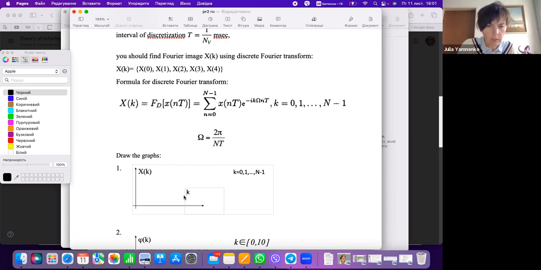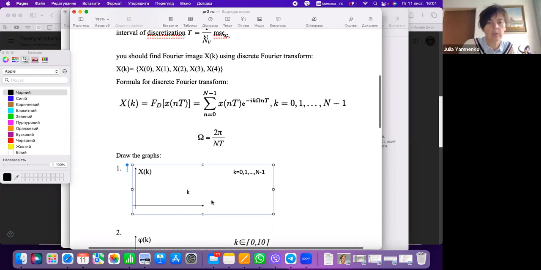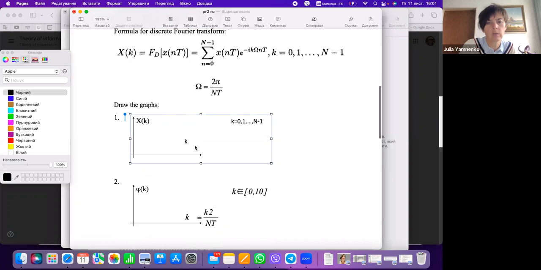So for one axis, you have components of your spectrum, and for the other axis, you have a counter k that is changing from 0 till N minus 1, so till 4.